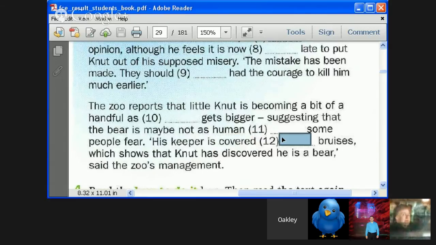Again, we got a preposition collocated with the verb. His keeper is covered with bruises, which shows that his keeper's spouse is somewhat abusive. Huh? Okay. I'm not so sure that it has anything to do with the bear. I didn't see the bear hit him. Anyway, yeah, you got it. That's it.